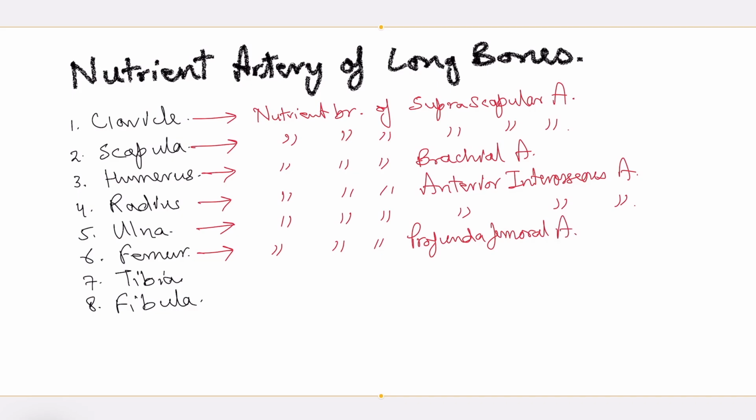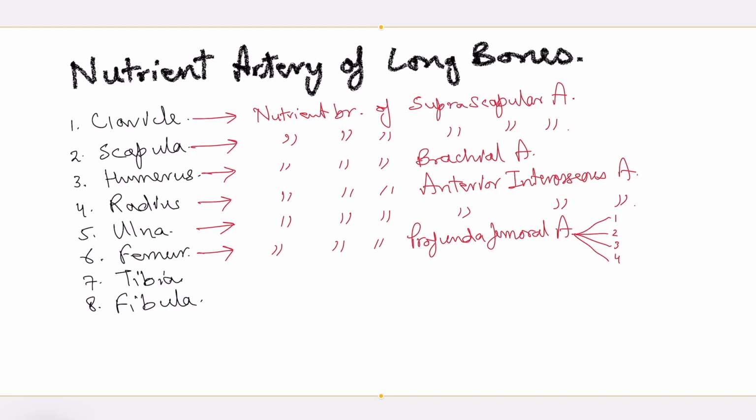Nutrient branch of profunda femoral artery gives nutritional branch to femur, but to be more precise, remember that profunda femoral artery gives out 1, 2, 3 and 4 perforators that wind around from medial side, perforating all the muscles attached in the linea aspera.